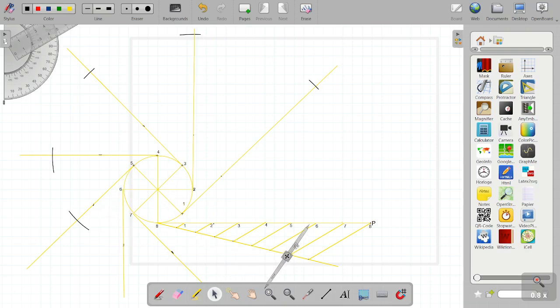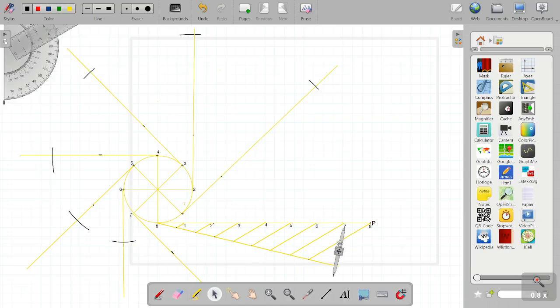Then coming to point 6, measuring the distance from point 6 to point P in the compass, then keeping it at point 6 on the circle with the center becoming point 6, and then cutting an arc on the tangent of point 6.